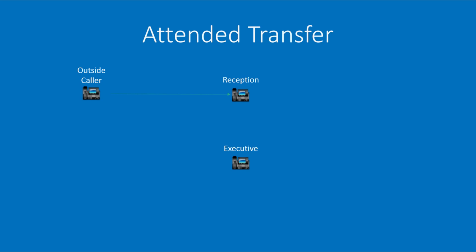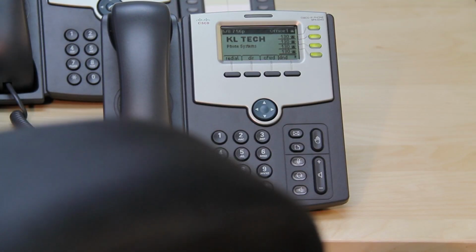What happens at this point is the outside caller gets put on hold and we get connected to the executive. And then we can ask the executive, do you want to take this call or not? If they do want to take it, we go ahead and hit XFR or join, depending on the phone, and the call is completed. So let's walk through that on the phone.